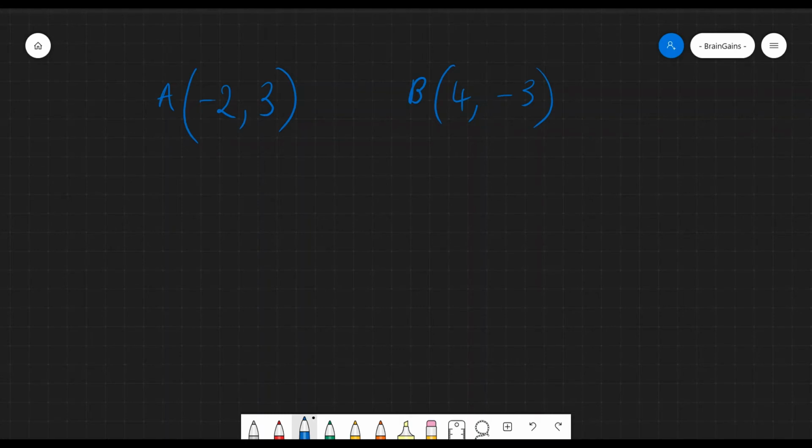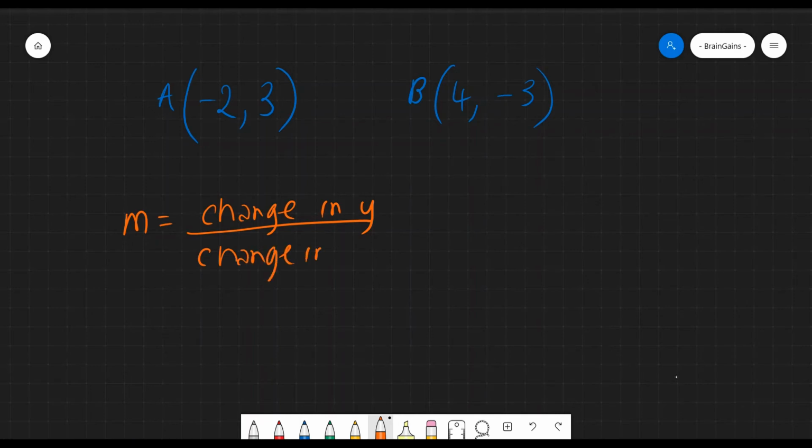The equation is m equals change in y over change in x. This means that we need to decide whether we're going to do coordinate b minus coordinate a or coordinate a minus coordinate b. For this example, I will pick coordinate b minus coordinate a, but you can do whichever one you'd like. You will get the same answer either way.